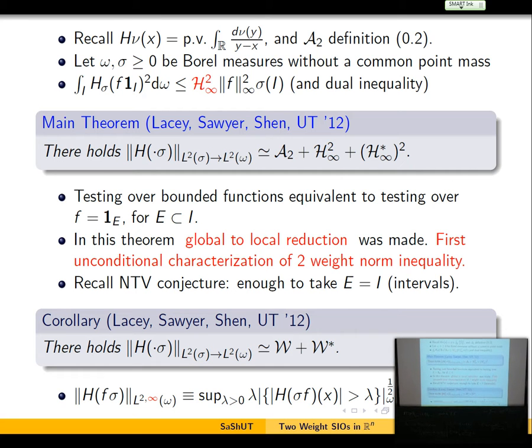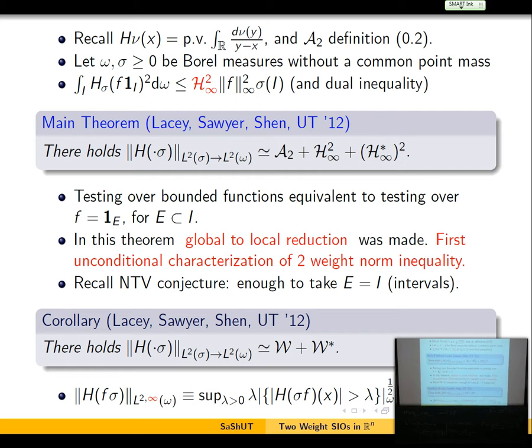So this was the first if and only if condition. There was no side condition. It's easy to see that testing over L infinity functions is the same as testing over characteristic functions of measurable sets. That's very easy. That's a half a page proof.